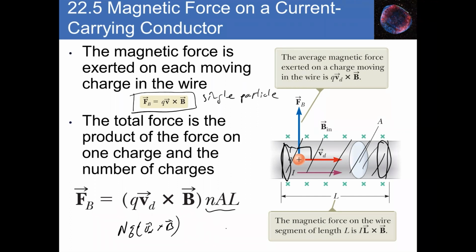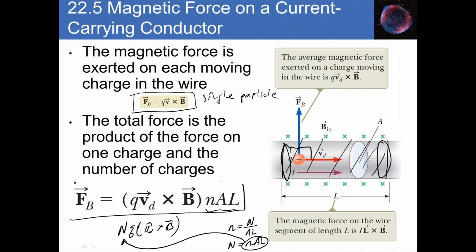The lowercase n is equal to the number of particles per volume, and volume means area times length. That's why you rearrange: the number of particles in that volume is equal to n, the concentration, times AL. So this n times AL replaces the number of particles, so that your equation ends up like that.